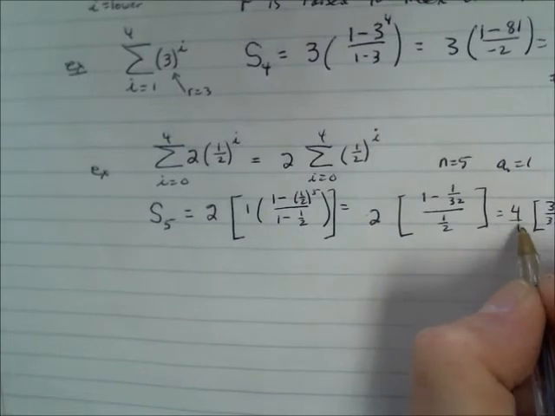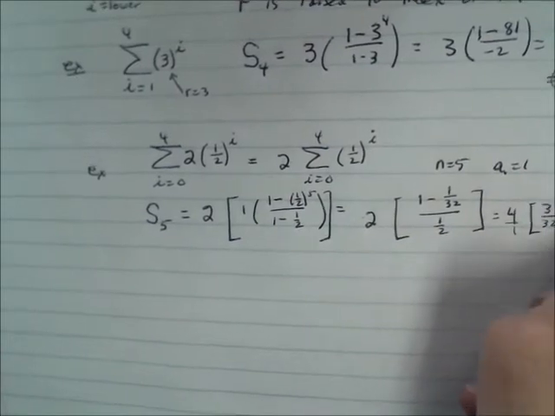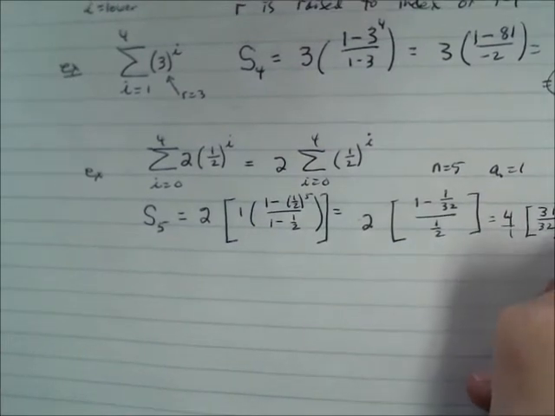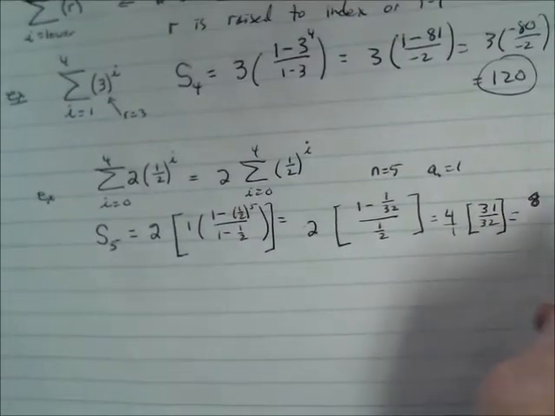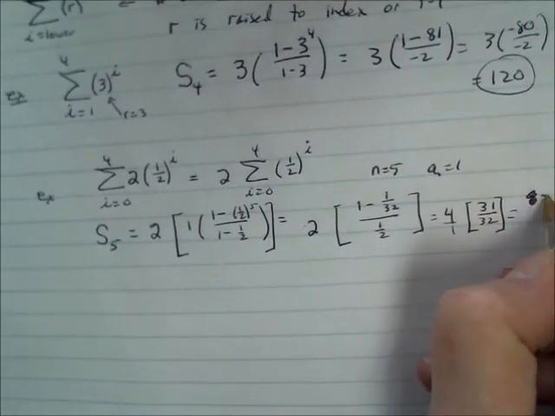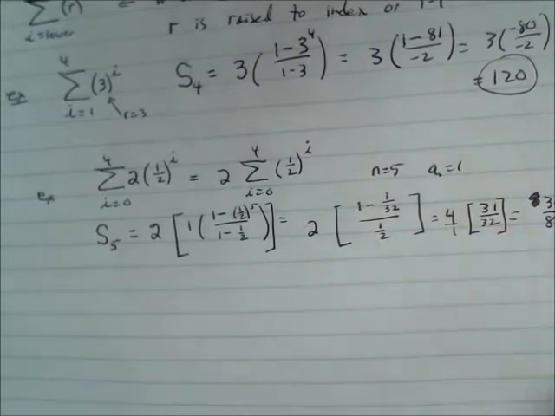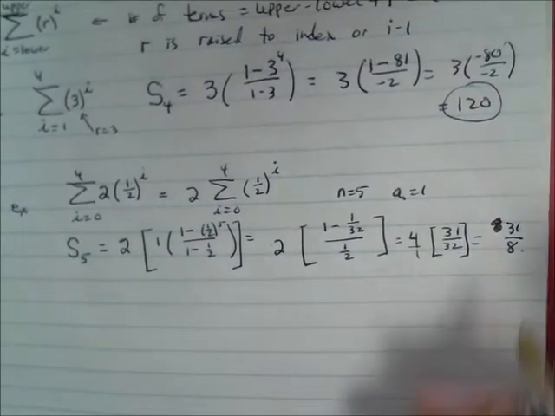And this can reduce down because 4 over 32 is 1/8. So the answer to this is 31 over 8. So these are finite series.